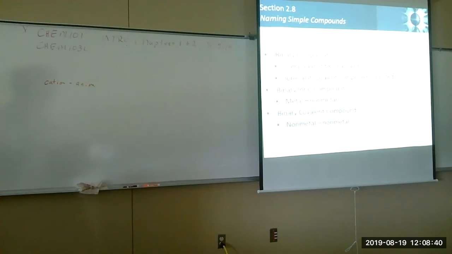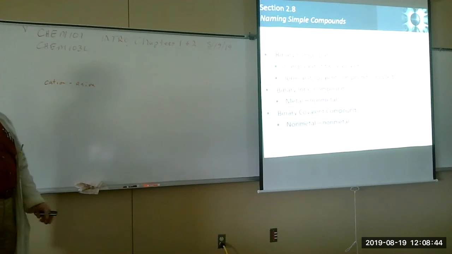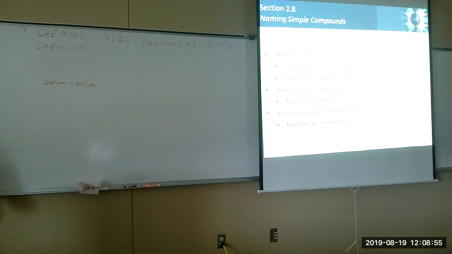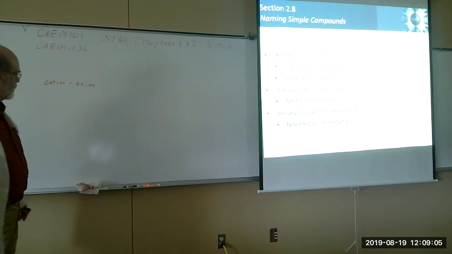And you make potassium chloride, which is light salt. If you have a nonmetal and a nonmetal, like carbon and 2 oxygens, carbon dioxide, that is a binary covalent compound. They're always 2 nonmetals to make binary covalent compounds.